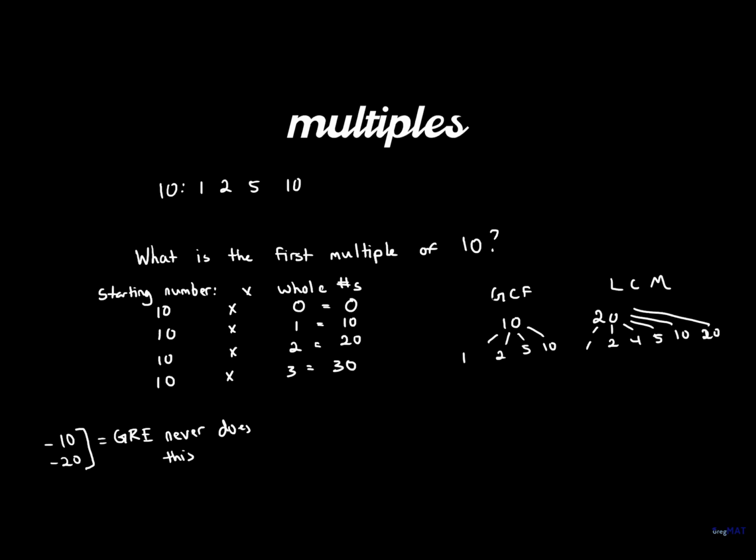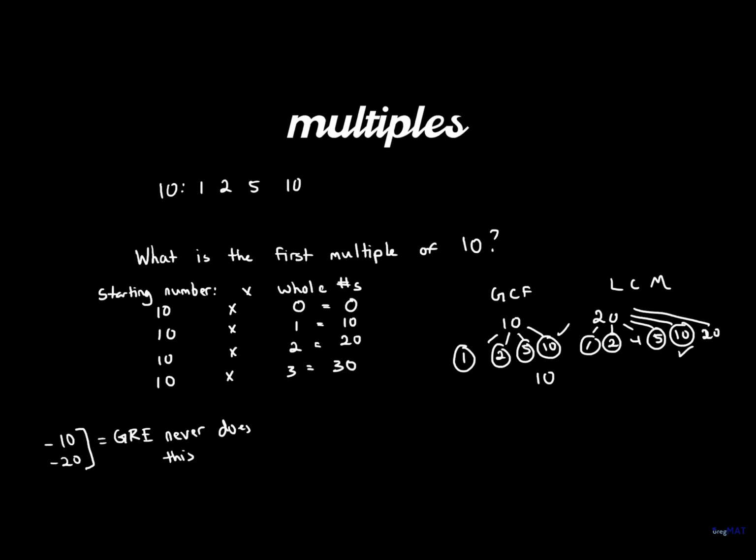The greatest common factor is you find all of the factors that they have in common. So 1, 2, 5, and 10. And you take the biggest one. So the greatest common factor in this case is going to be 10, everybody, because obviously there's a 10 here and there's a 10 here, okay?